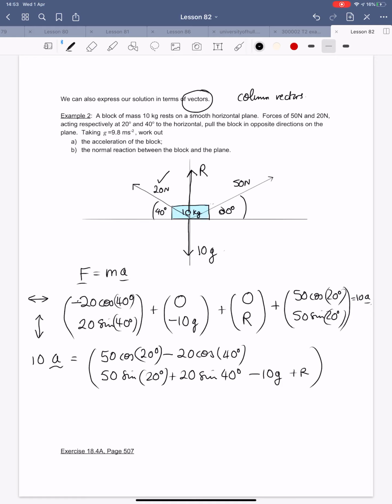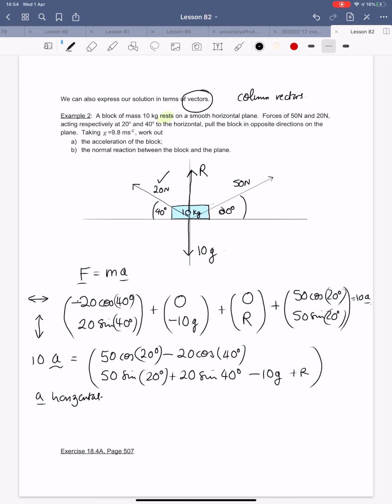Now, because the block is resting on the plane, that means there's 0 acceleration in the vertical direction. The acceleration is horizontal only.